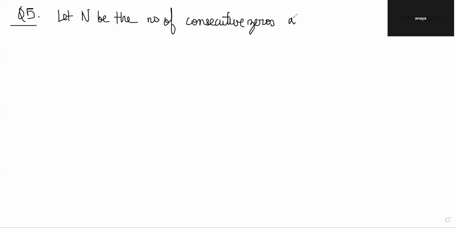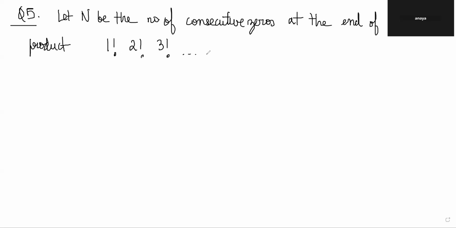The next one is: let n be the number of consecutive zeros at the end of the product 1 factorial, 2 factorial, 3 factorial, and so on to 99 factorial and 100 factorial.